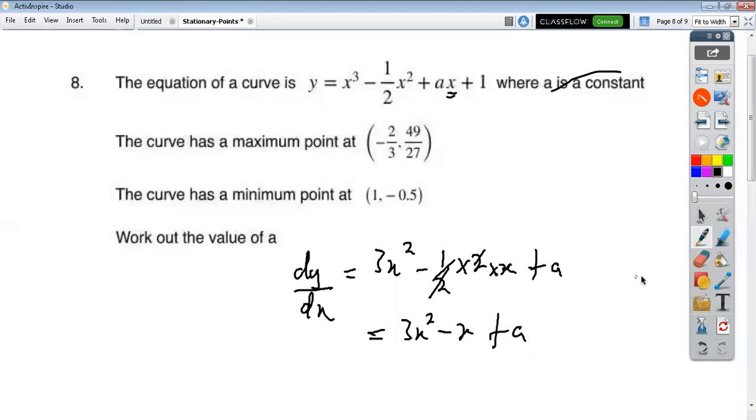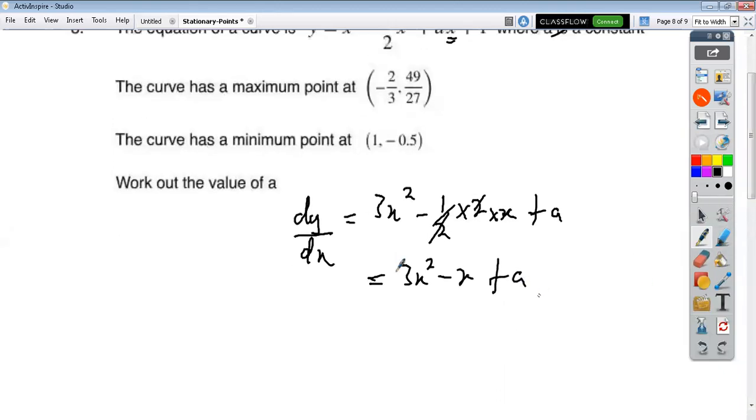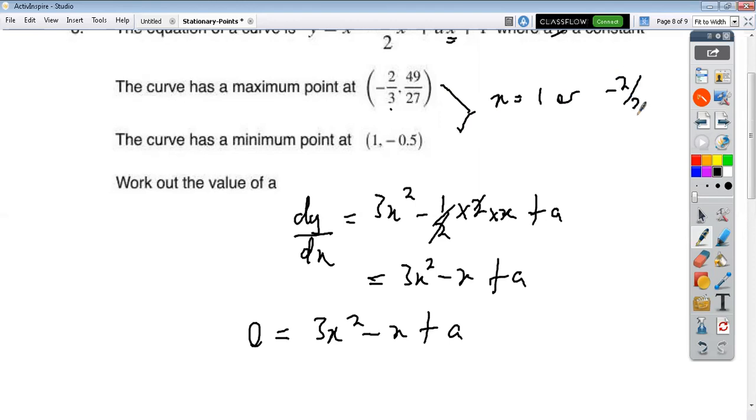But we know that at a turning point, this has to be 0. So at a turning point, 0 is equal to 3x squared minus x plus a. Can you see that? So we have a quadratic equation, and its solutions are x equal to 1 or x equal to negative 2 over 3.